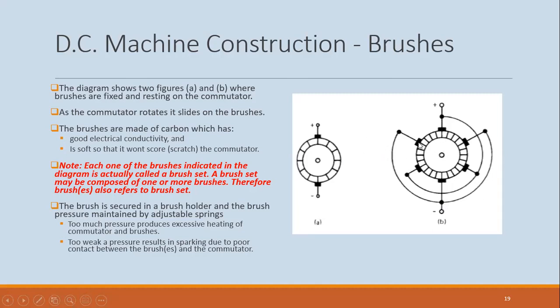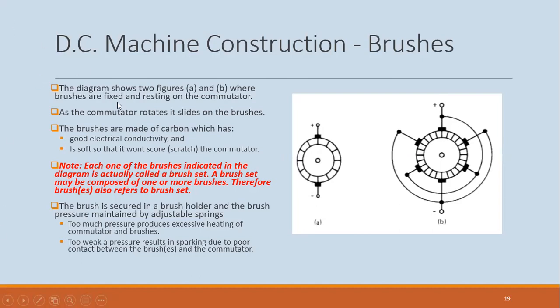So this would be our 2, 4, 6-pole machine. There are 3 brushes connected to the positive terminal and 3 connected to the negative terminal.